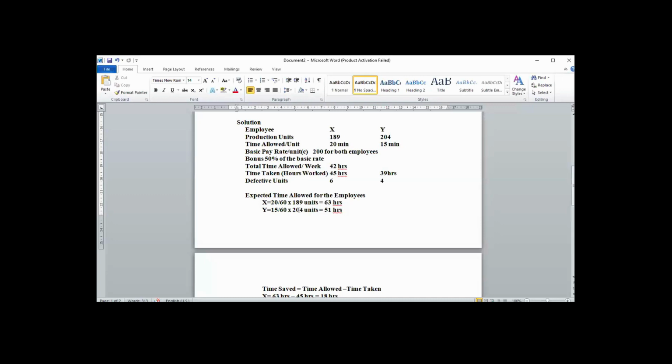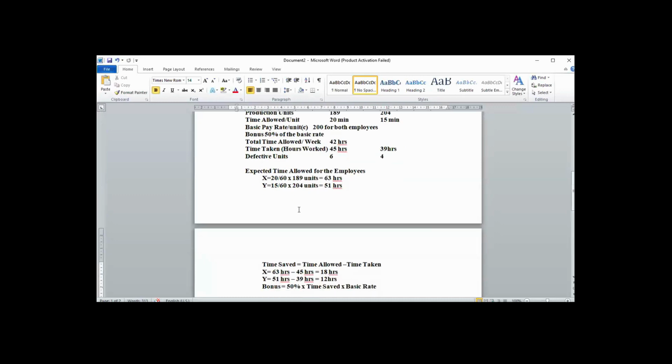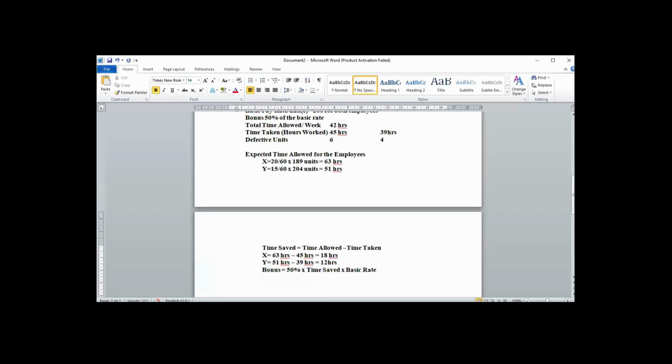Look at what I'm saying. It's okay, just keep calm. You want to determine how many units it is going to produce if you use 42 hours. I would say 20 divided by 60 times the unit, which is the unit we are looking for.